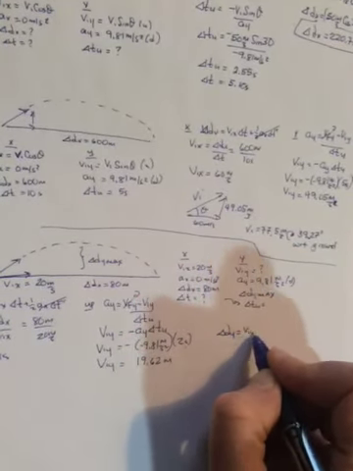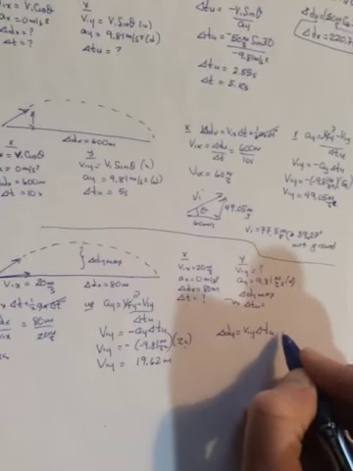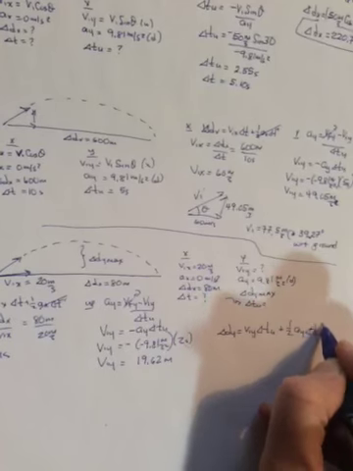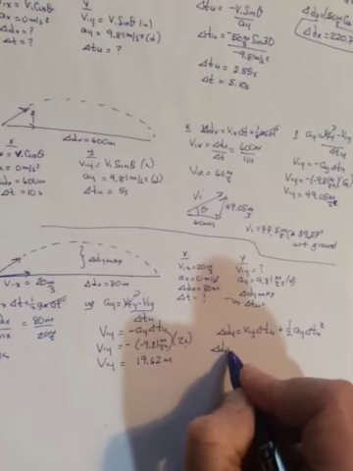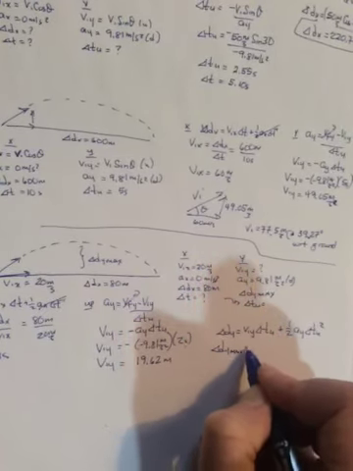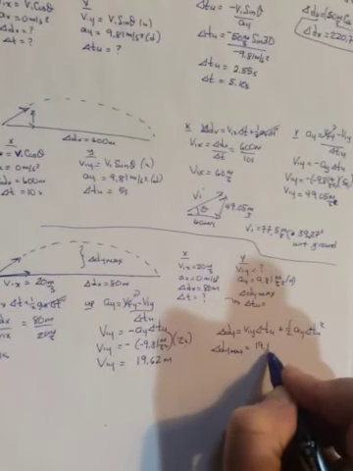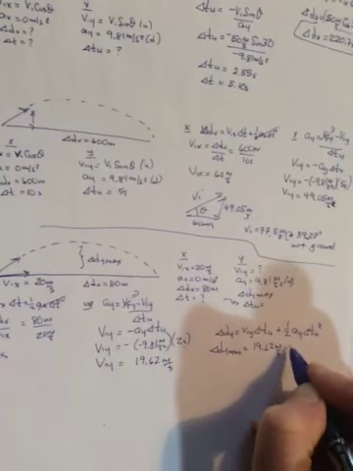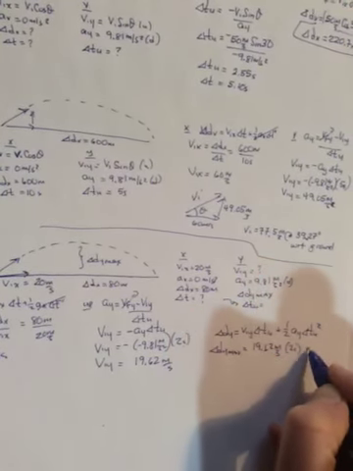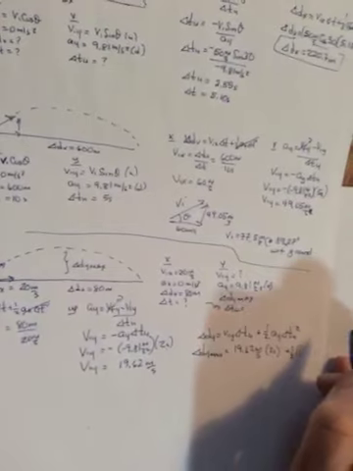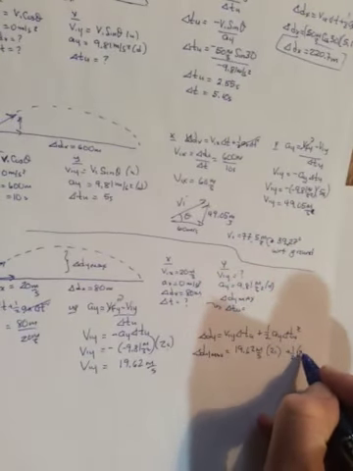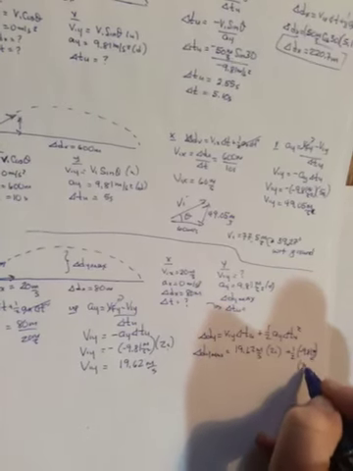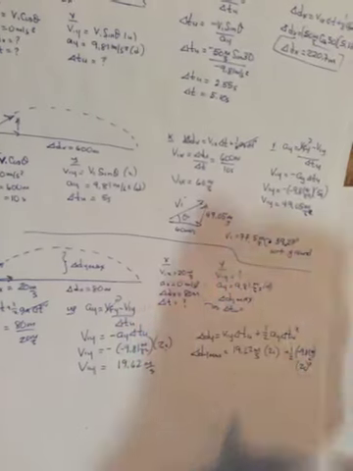Okay, so then once we have that, we can find our delta dy max. And remember, for our delta dy max, we have to use the time up. So delta dy, and this is max, of course, is equal to 19.62 meters per second times 2 seconds plus 1/2 negative 9.81 meters per second squared times 2 seconds squared.